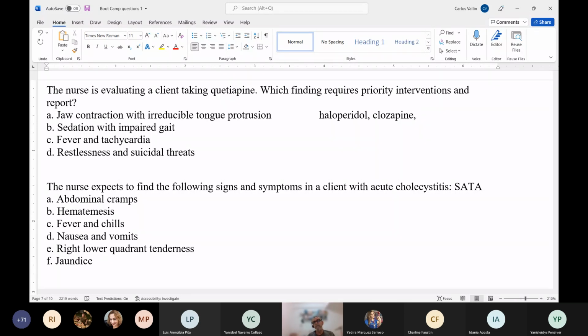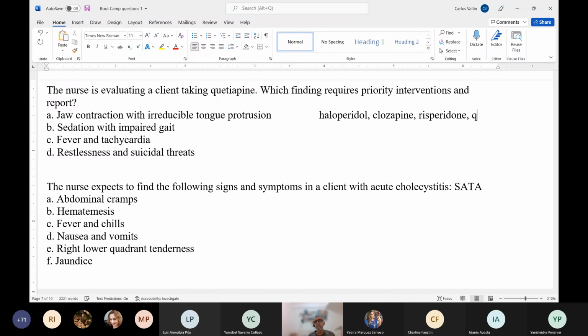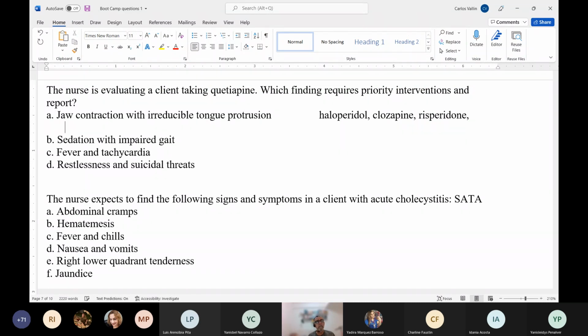The other one that I see frequently mentioned in NCLEX as a medication is risperidone. The other one is quetiapine.